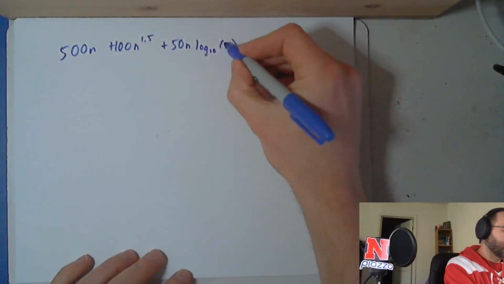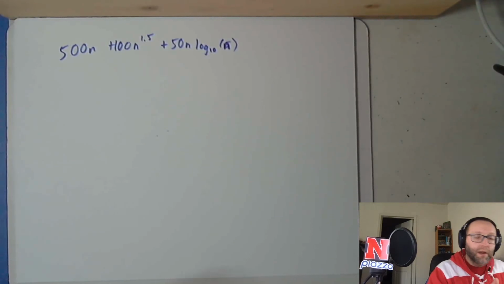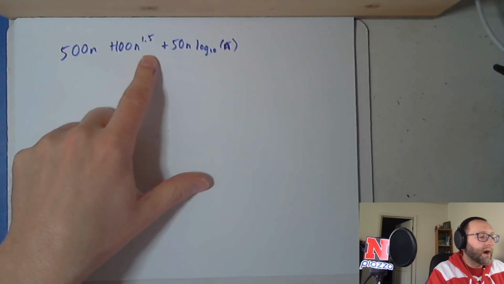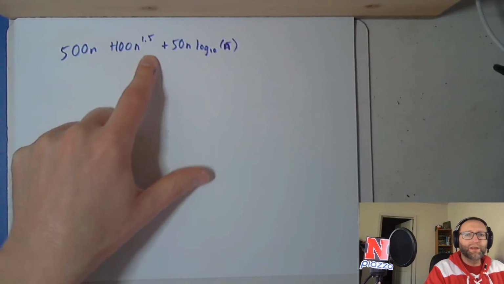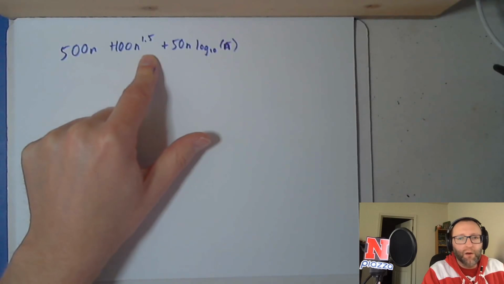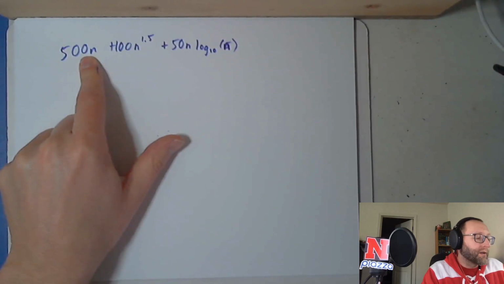Or sorry, that's an n there, okay? So again, intuition. What is the highest order term here? Well, we've got a linear term. We've got a larger than linear term here. This is not all the way to a quadratic term, but it's certainly not a linear term. It's somewhere in between, right?